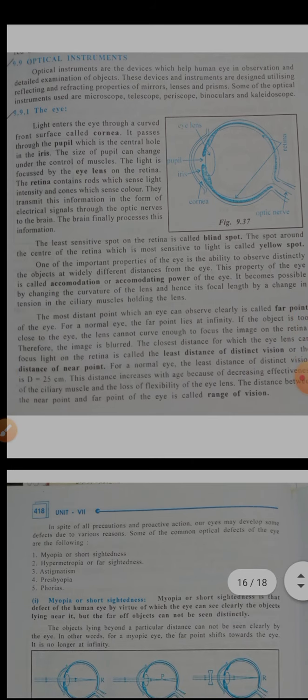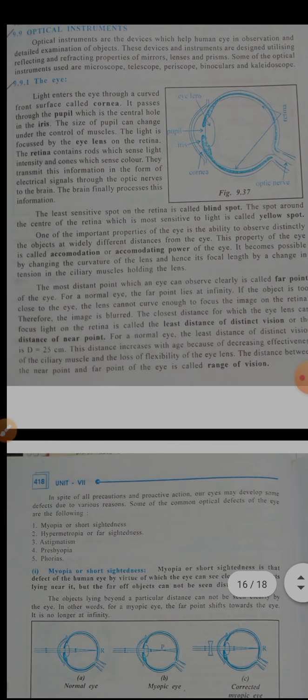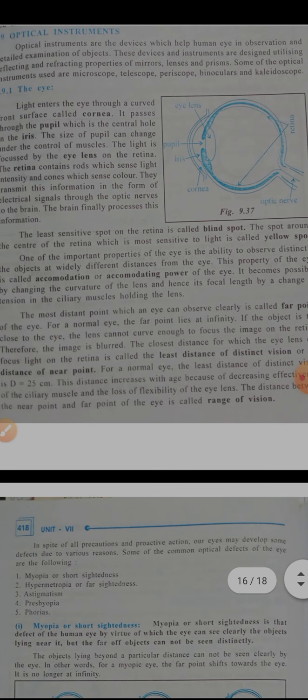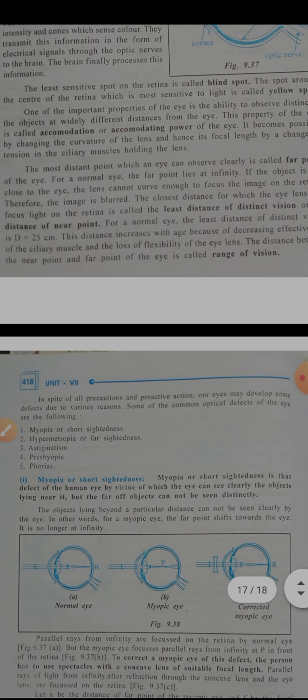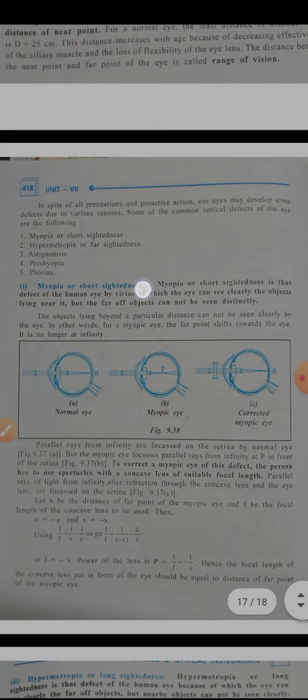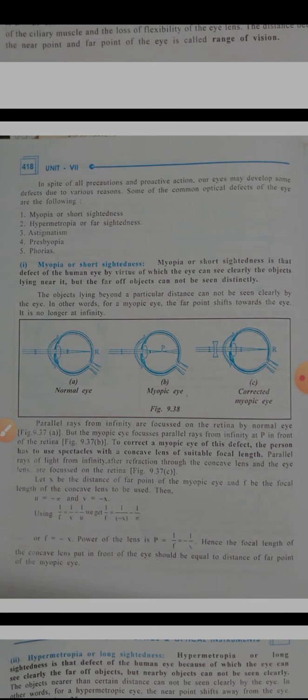We will see the eye. The eye has a complex structure, with the cornea, pupil, iris and eye lens. It is essential for the vision of a human being, and not only for human beings but for all living beings.